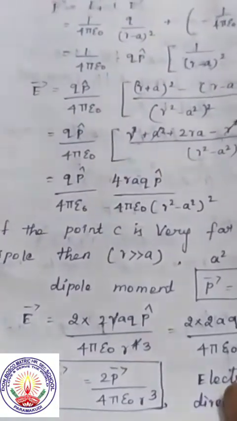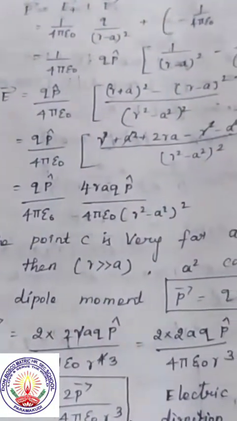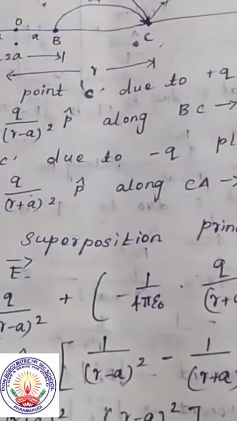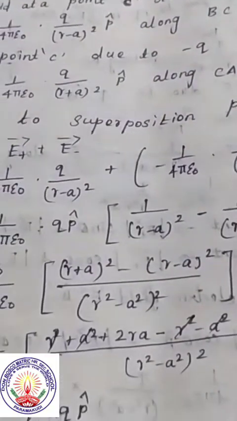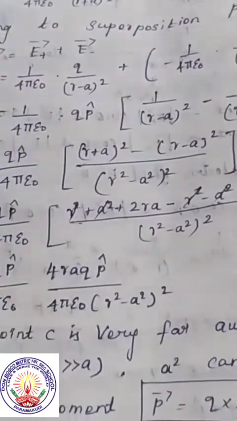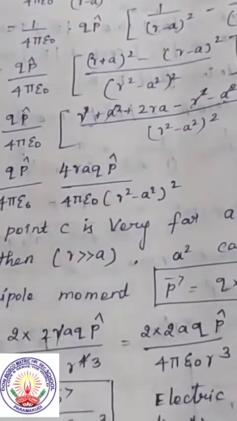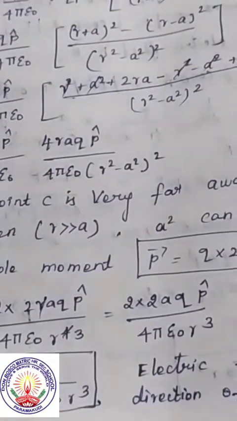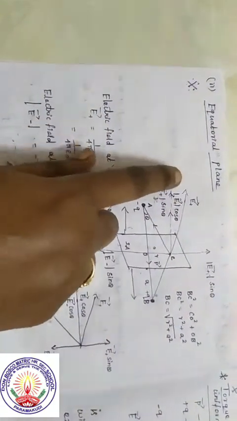Then next we have to see the equatorial line. So this is an important 5-mark question. Next we have to see the equatorial plane.